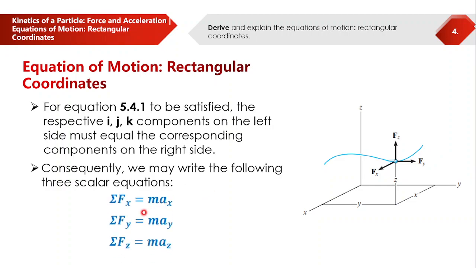Ito na yung equations for each component, in scalar quantity na siya. So all forces along x will be equal to the mass times the acceleration along x, of course, then y for acceleration along y, and same with the z axis.